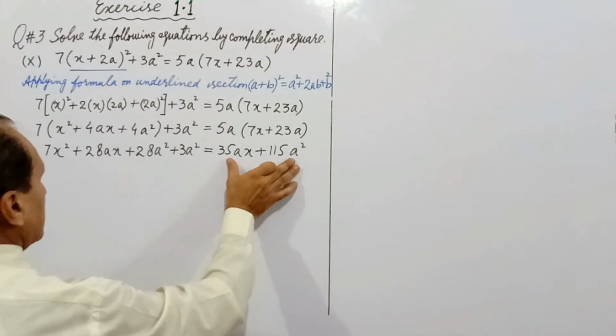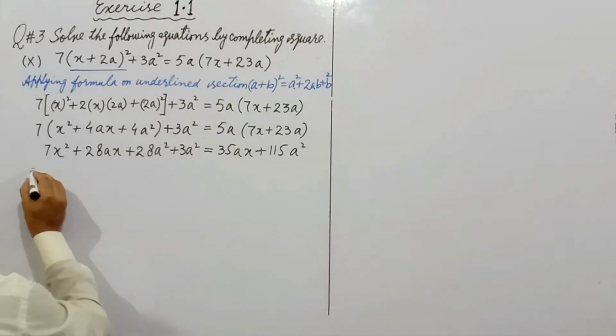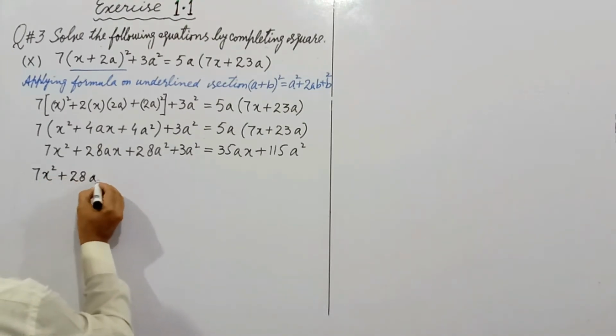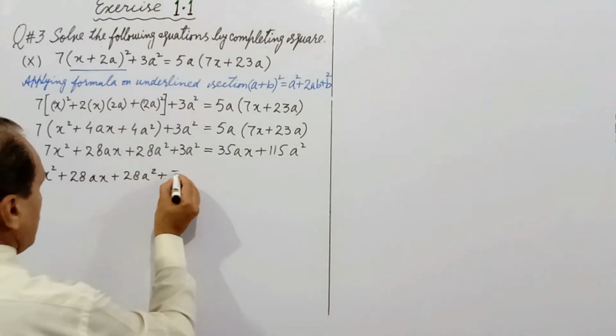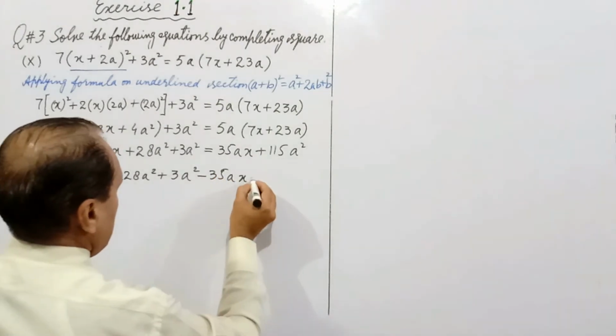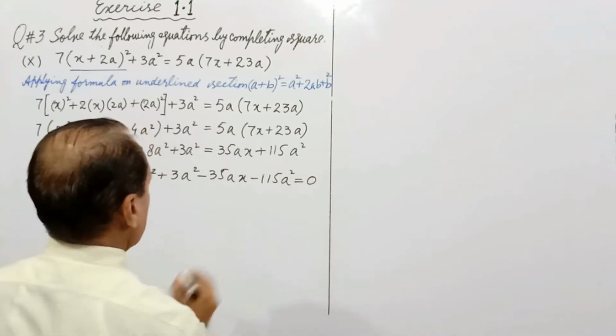We take both of these terms to the left hand side to convert this expression into standard form: 7x square plus 28ax plus 28a square plus 3a square minus 35ax minus 115a square is equal to 0.